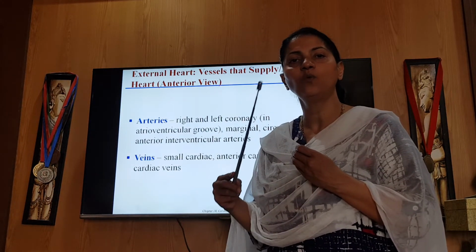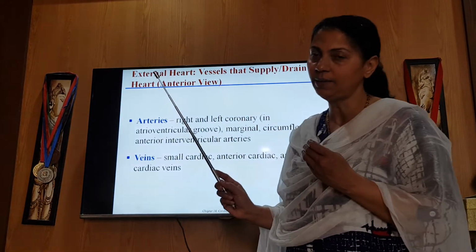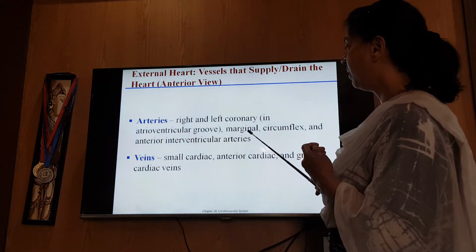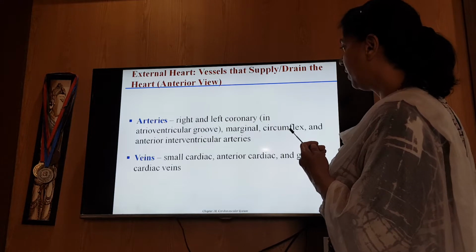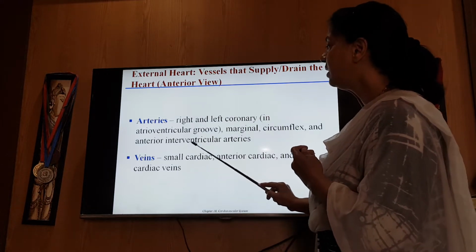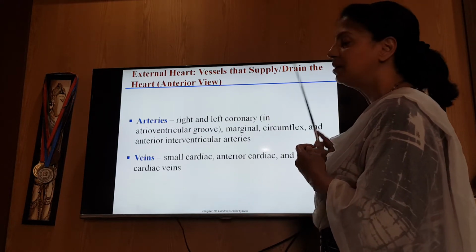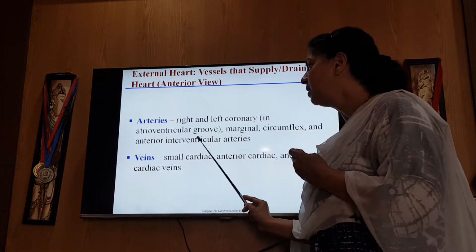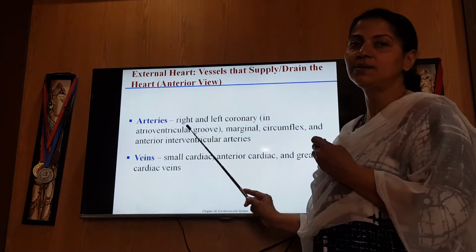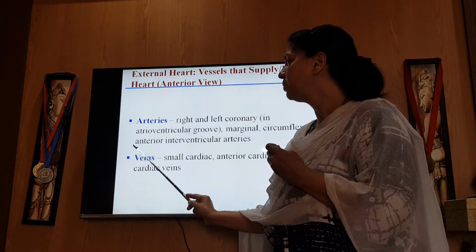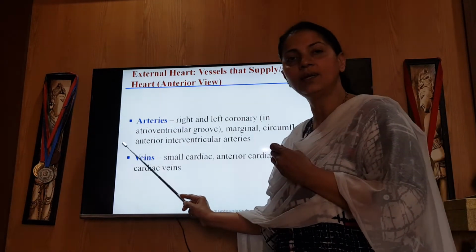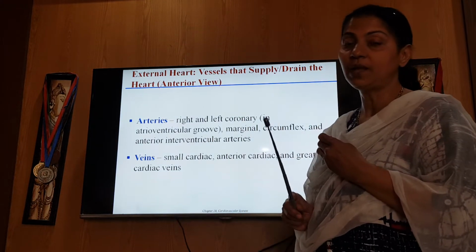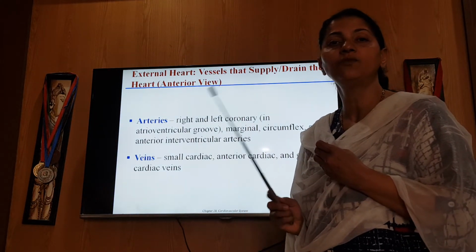That is the atrioventricular groove. Then its branches, we will find the marginal artery, circumflex artery, anterior interventricular artery. The name suggests the anterior interventricular artery is going to be present in the anterior interventricular groove. That means between the right and left ventricle.